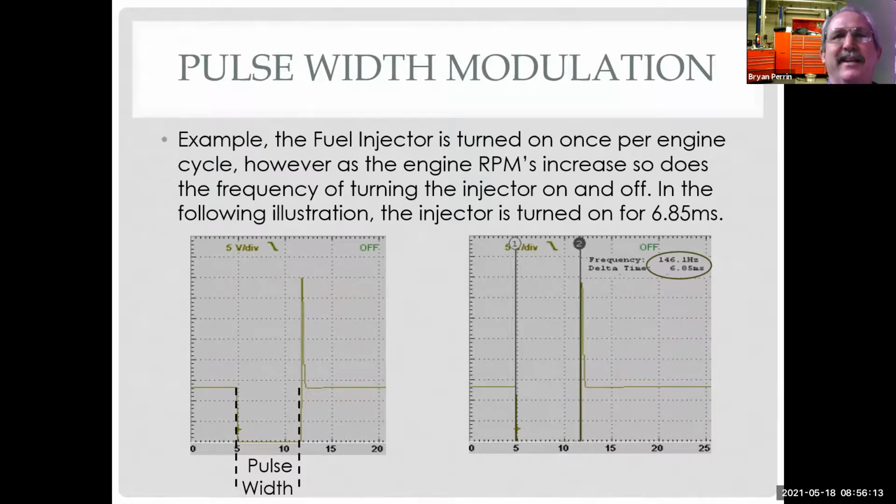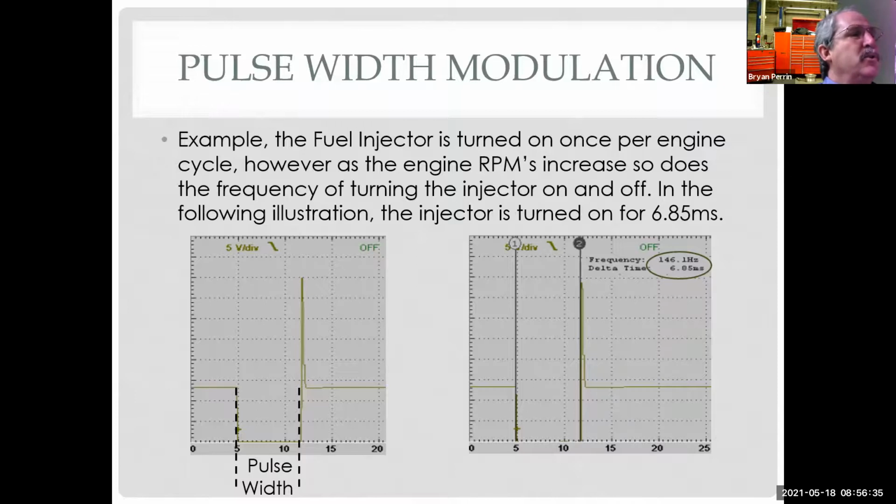So when we say 12-volt system, it's more like our system voltage, which kind of varies. Now, granted, this is happening for a very, very short period of time. But that's why computers and modules have to have a certain amount of hardening in them, a certain amount of protection.